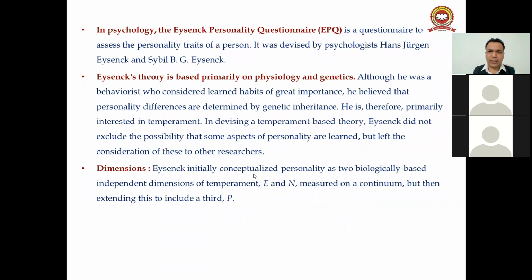So first we have to understand, in psychology, the Eysenck personality questionnaire is a questionnaire to assess the personality traits of a person. It was devised by Eysenck and Eysenck, already discussed. Second, Eysenck's theory is based primarily on physiology and genetics, right?